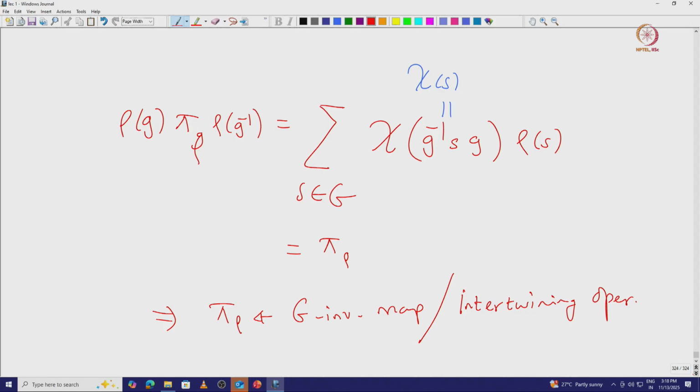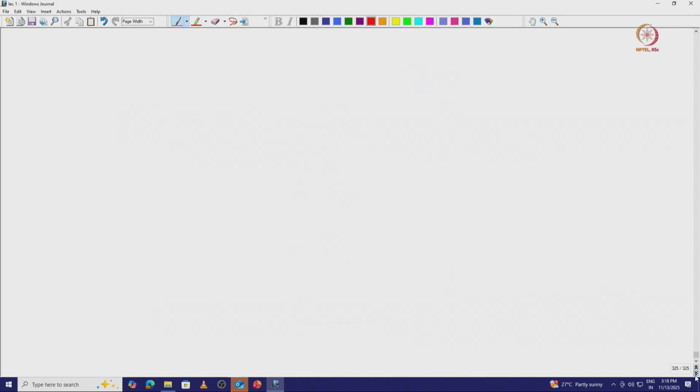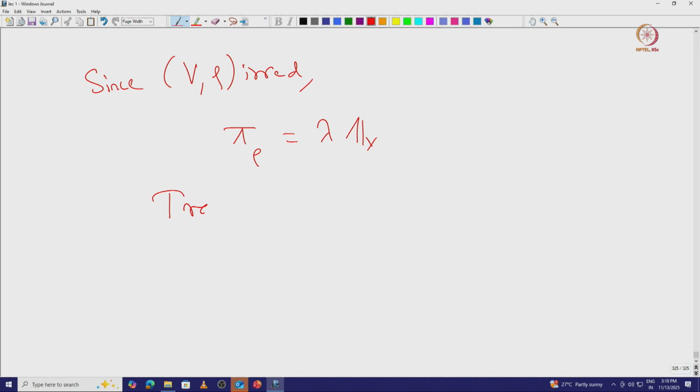Now if we go back to our analysis, since V, rho is an irreducible representation, this intertwining operator must be a scalar times identity on V. So by taking the trace, we can see that the trace of pi rho is exactly lambda times the dimension of V, which is the degree of rho.